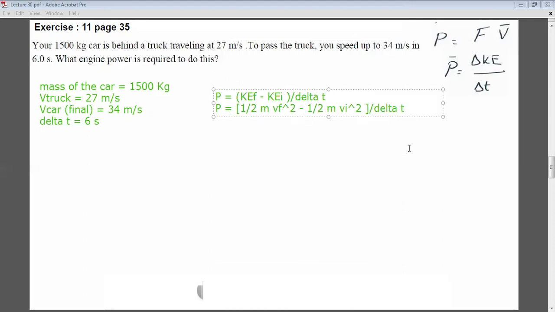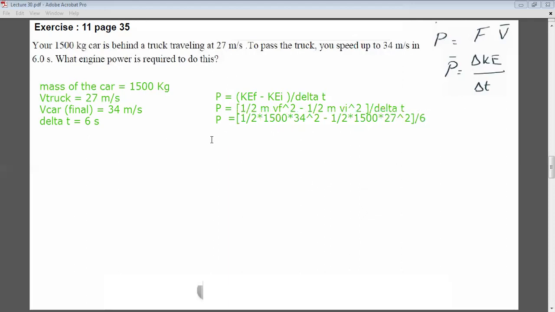And now I just put numbers. So power is equal to half m, 1,500, times V final square, 34 square, minus half m, 1,500, times V initial square, 27 square, all of it divided by delta T, which is 6.